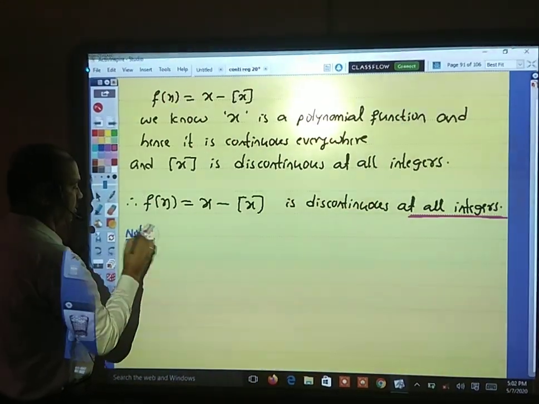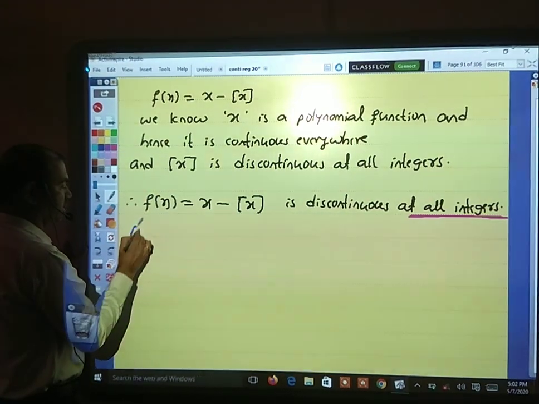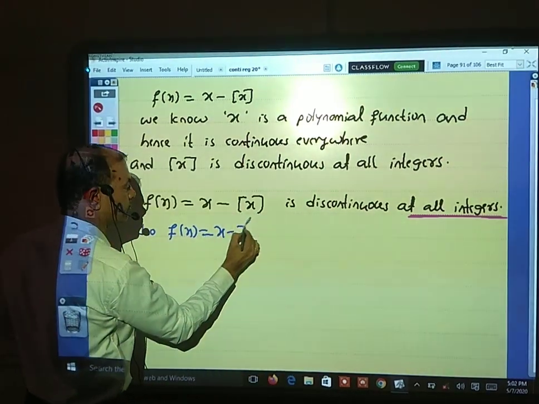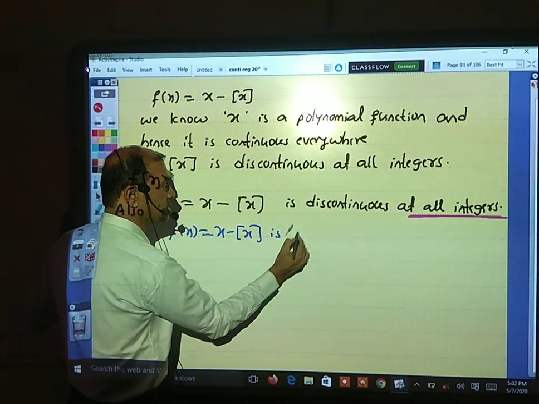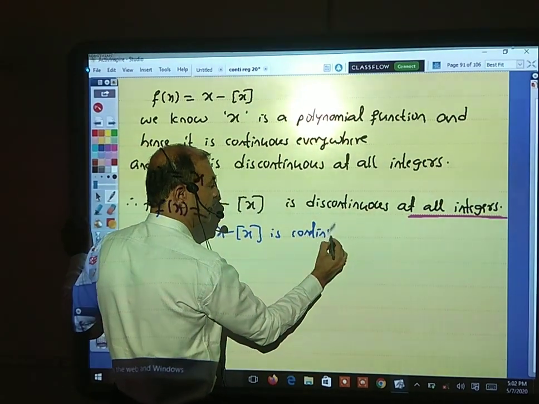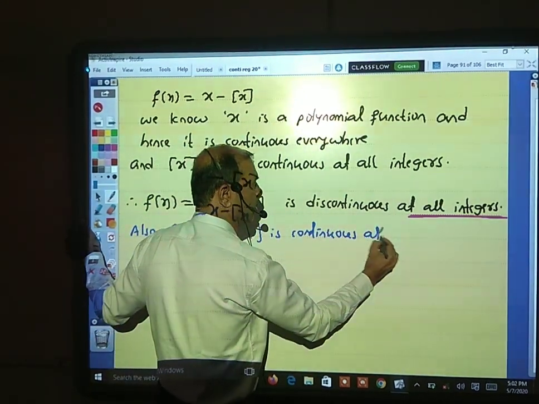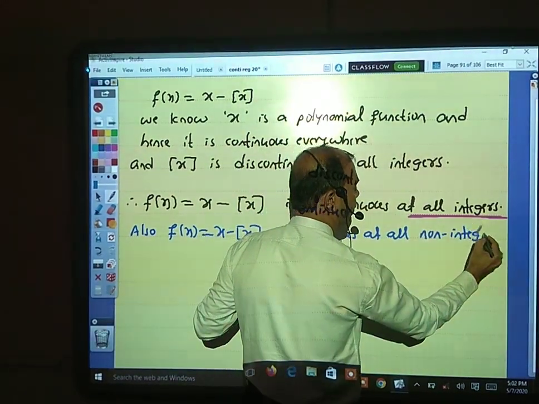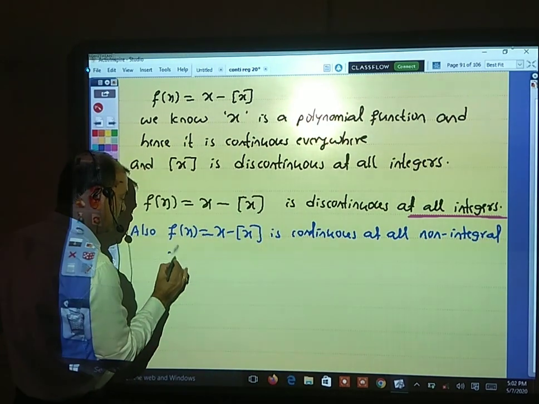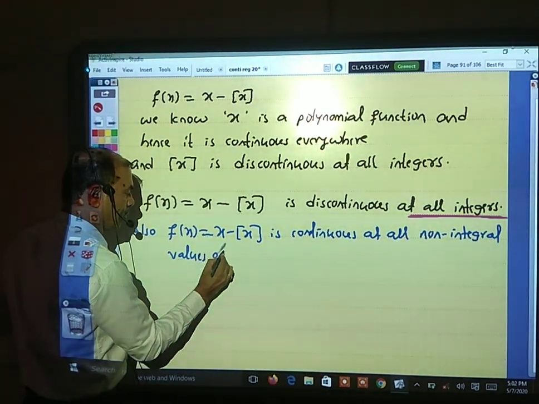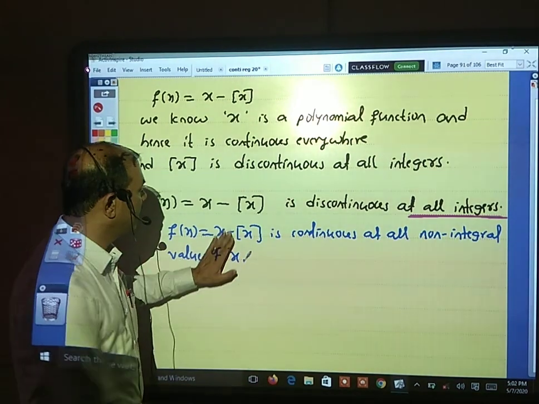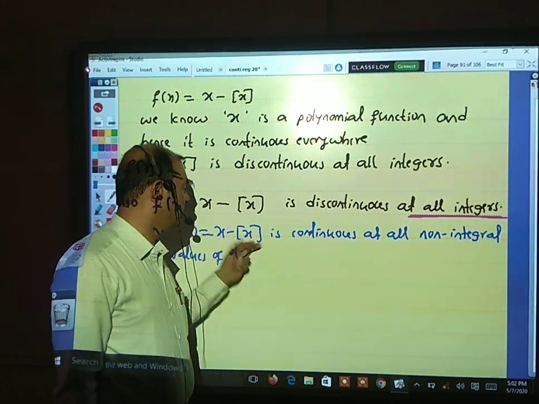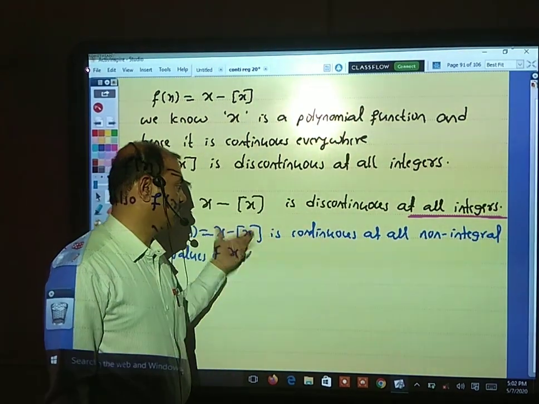The function x minus greatest integer of x is continuous at all non-integral values of x. When x is not an integer, the greatest integer function becomes continuous, so again f is continuous, g is continuous, f minus g is continuous.